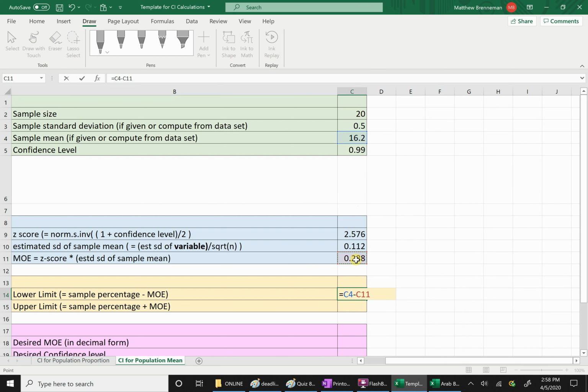And my margin of error is there, and there we go. And now I'm going to copy and paste that below and change the minus to a plus sign. And this gives me the upper endpoint of the confidence interval. And I definitely did something wrong there. So let me just enter it by hand, okay?